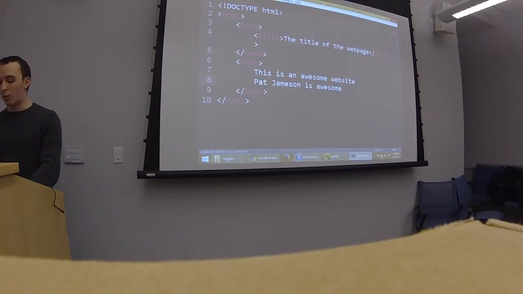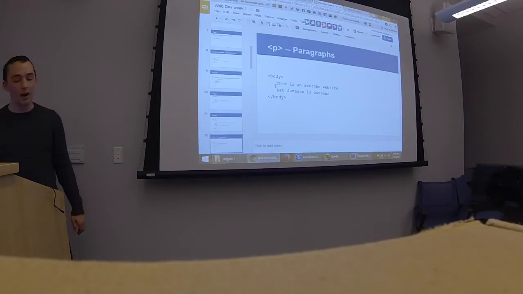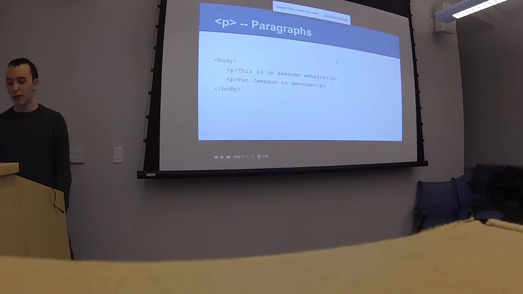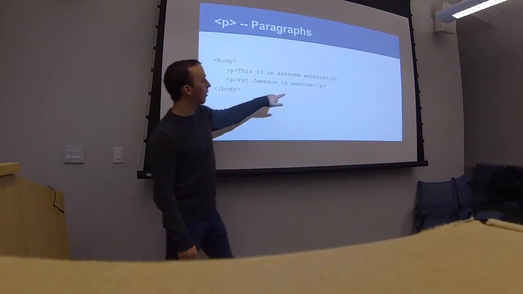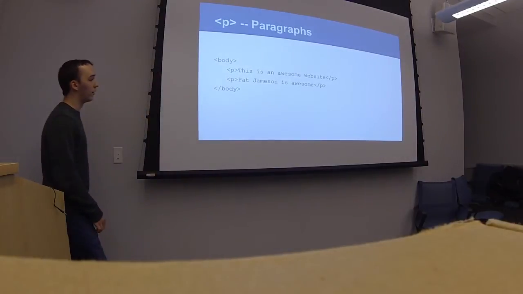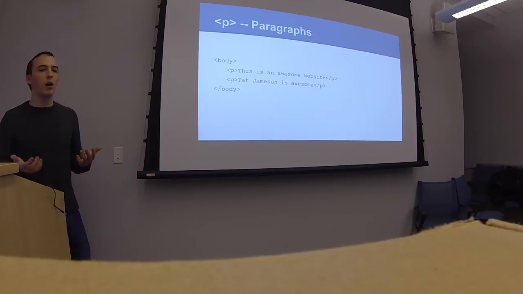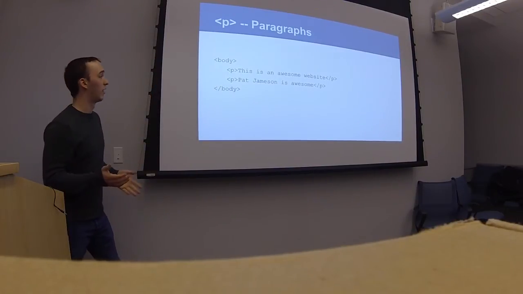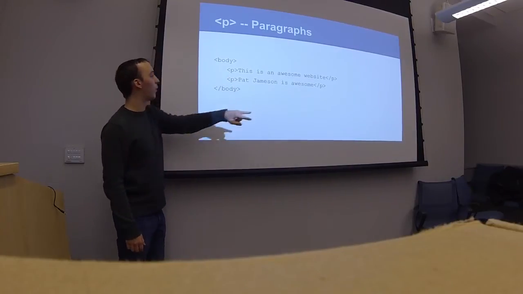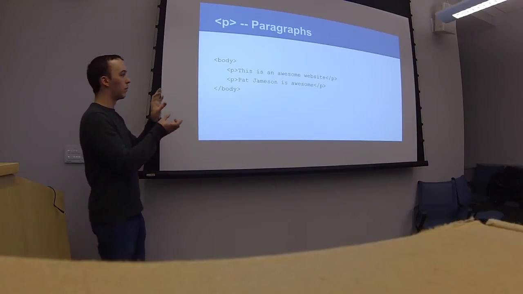And the first tag that we'll be using, that isn't just the basic body tag, is paragraphs. So what we can do is add p tags. And you can see that I'm still doing the open and close on the end. What this will do is create a paragraph. It's like a book: this is an awesome website, and Patchy is awesome, this will create two separate paragraphs and make them separate.